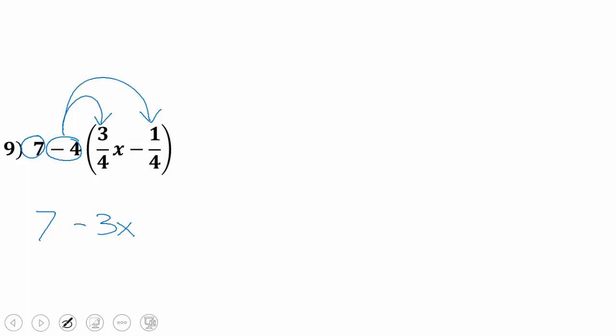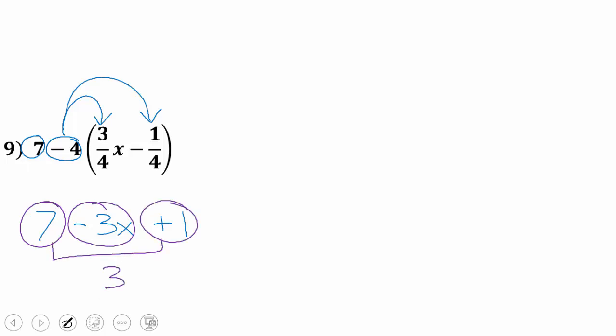Okay? And then I take the negative 4 and I multiply it by the negative 1/4, and I get positive 1. Now combining like terms, I have the 7, the negative 3x, and the 1. The only like terms are the 7 and the 1, so I get negative 3x plus 8 as my final simplified expression.